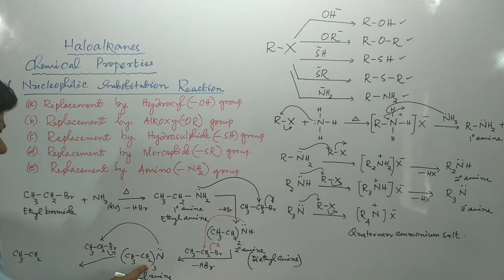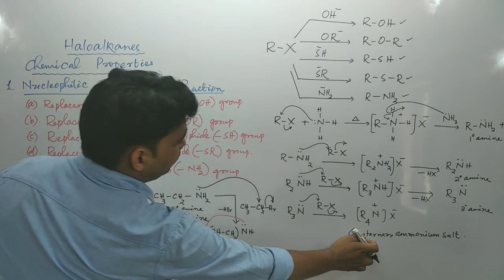Three ethyl groups were already with the tertiary amine. Now the fourth ethyl group will come, such that (CH3CH2)4N, positive charge will reside over this nitrogen, and with this nitrogen the leaving group Br minus will be associated. Okay, this is your quaternary ammonium salt. This is your last product.